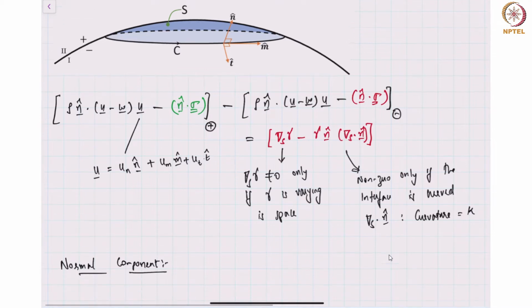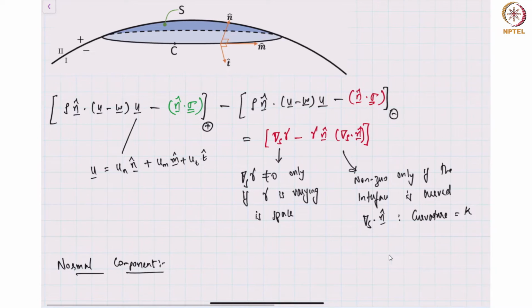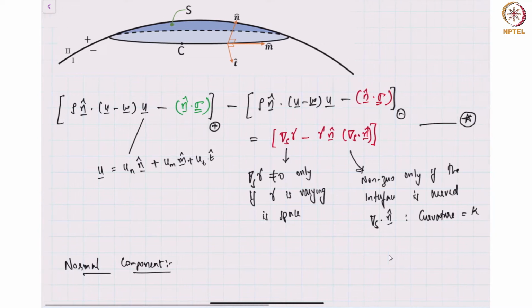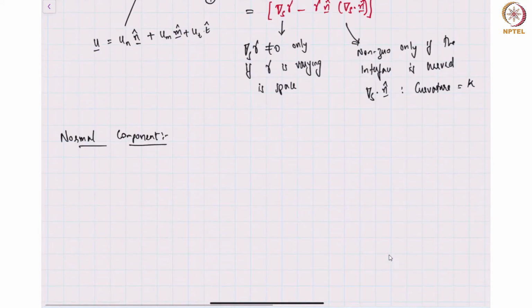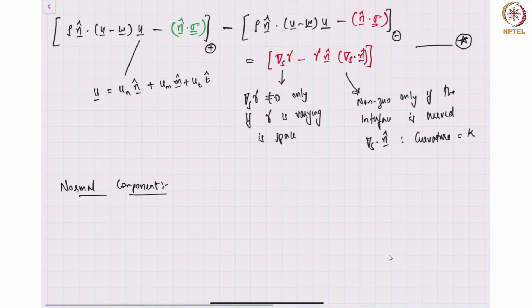If I want the normal component of this equation, we'll give this equation a label. We'll call this equation star. So if I want the normal component of this entire equation, all I have to do is take the dot product with n and recognize that n dot m is 0 because they are orthogonal, and similarly, n dot t is also 0.